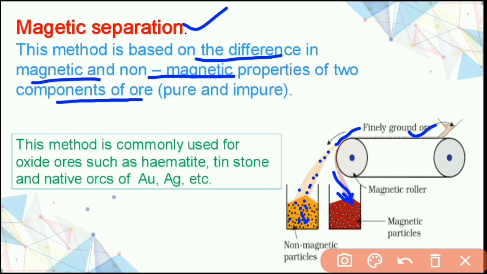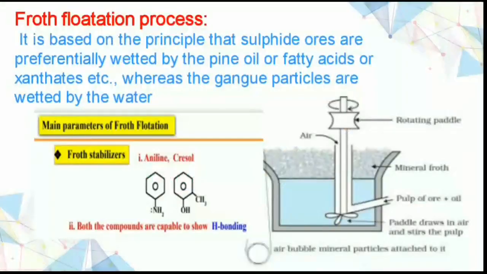So on the basis of magnetic differences, we can remove the impurity from ore, and this method is commonly used for oxides such as hematite, tin stone, and native ores of gold, silver, etc.